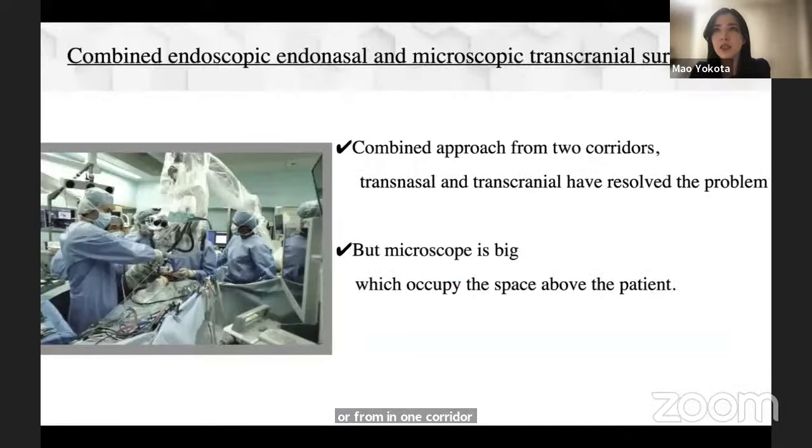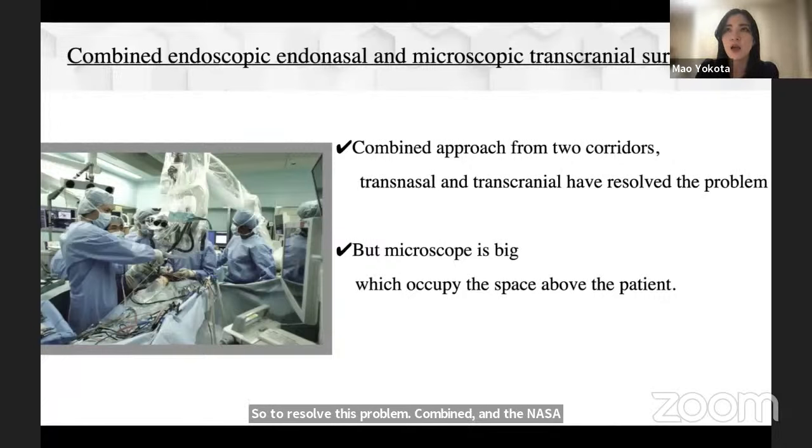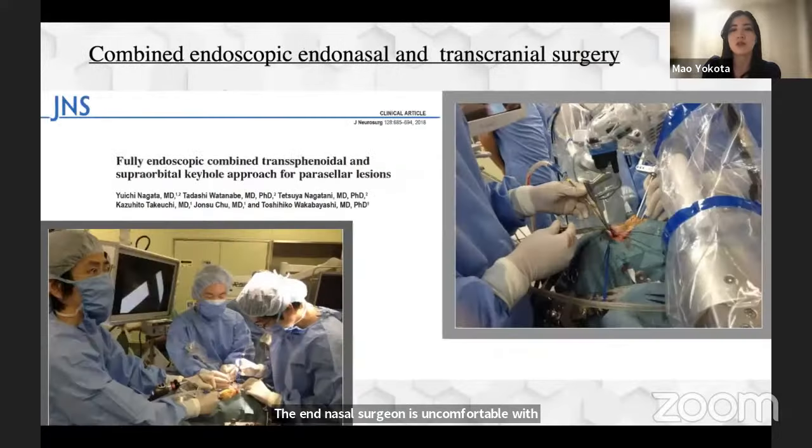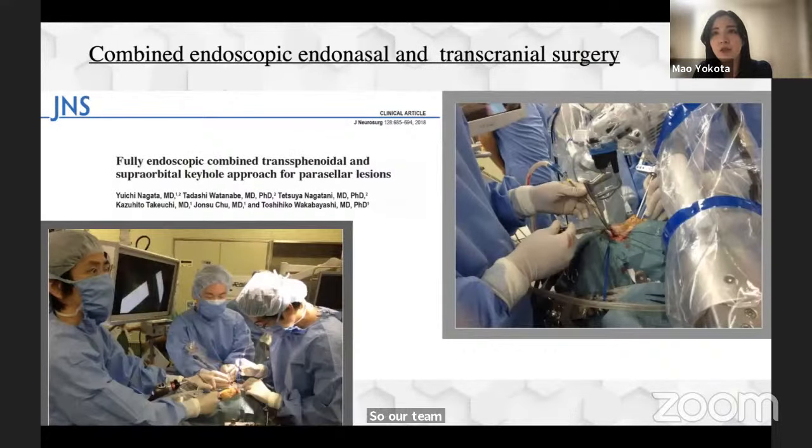To resolve this problem, the combined transcranial and endonasal approach was developed. But a microscope is big and occupies the space above the patient's head. The endonasal surgeon is uncomfortable with this situation. So our team developed a combined endoscopic transcranial and endonasal approach.